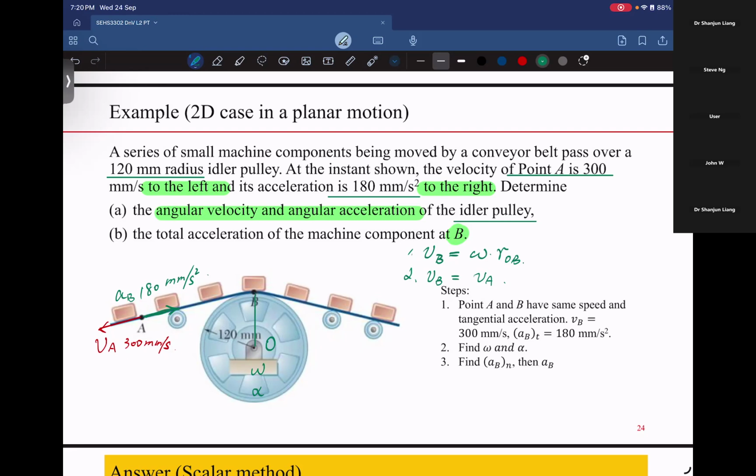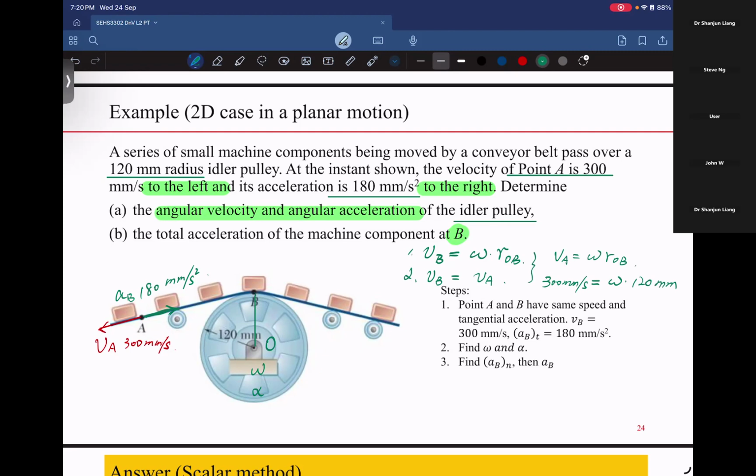Therefore, VB can be replaced by VA. So VA equals omega times ROB. We substitute 300 millimeter per second equals omega times ROB, 120 millimeter.